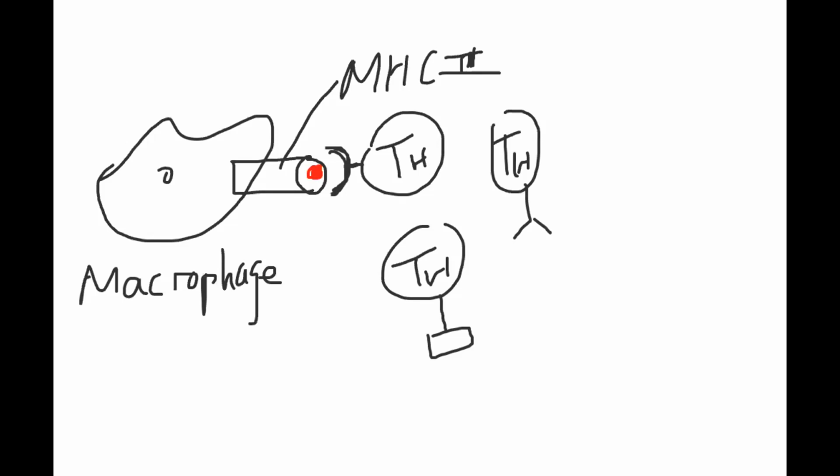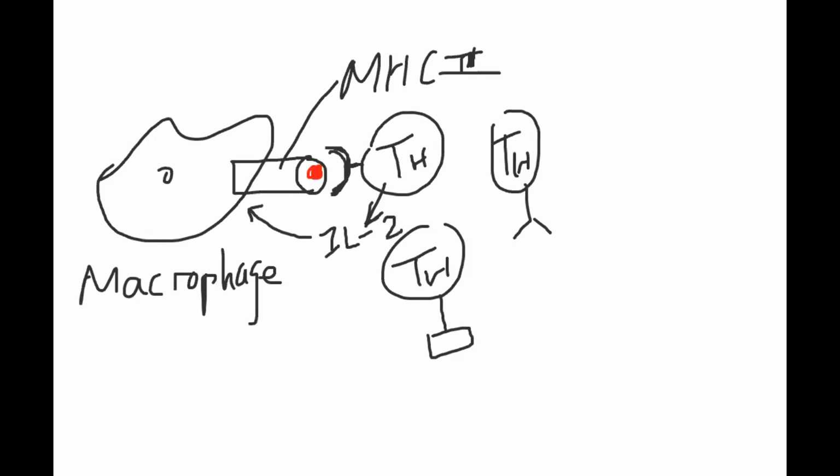So once this recognition takes place, then this T helper will release the cytokine. In this case it is going to release something called interleukin 2. Interleukin 2 will help to co-stimulate this process.